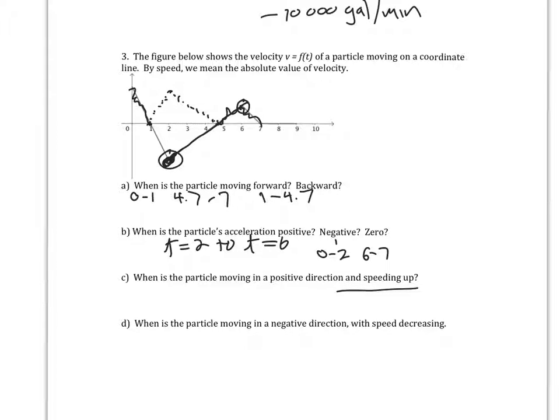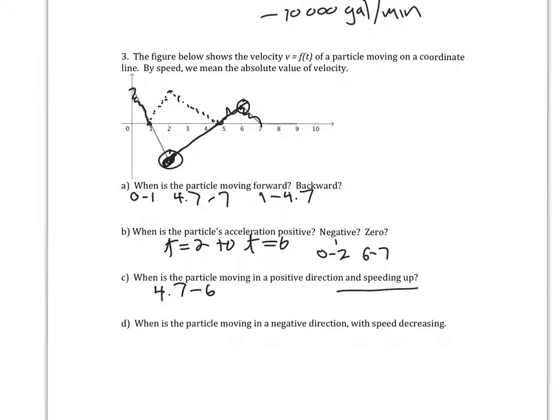So it's moving in a positive direction, as we said, whenever the velocity is positive. And for it to be speeding up, its acceleration also has to be positive. So the only time when that is happening is between around 4.7 and 6 seconds.